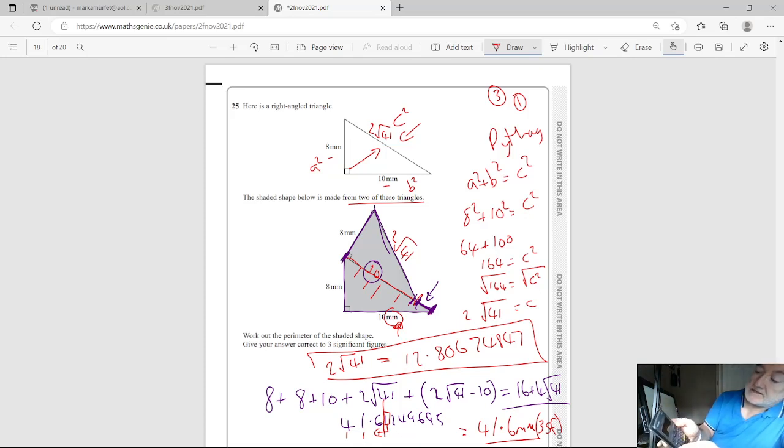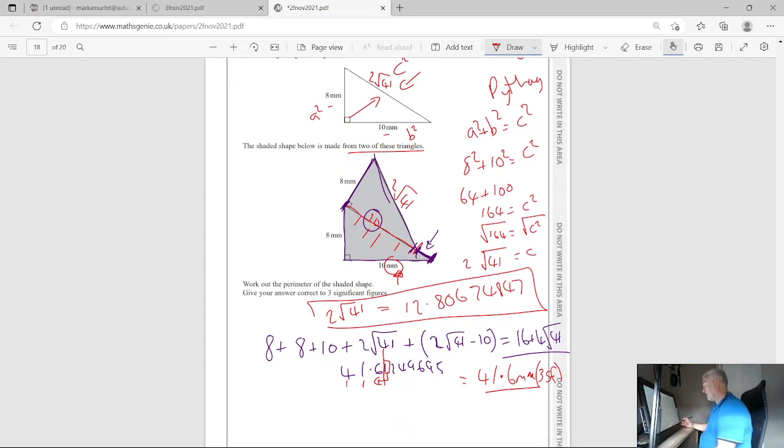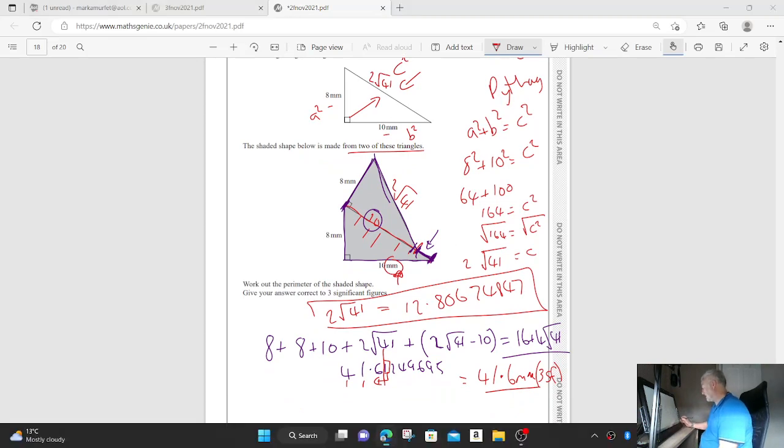So it's very easy to get the wrong answer. So always when you're inside a surd or inside a fraction, make sure you tab to the right to get your calculator to move outside of that function. Just something to be aware of. So 41.6 millimeters is the answer to that question.